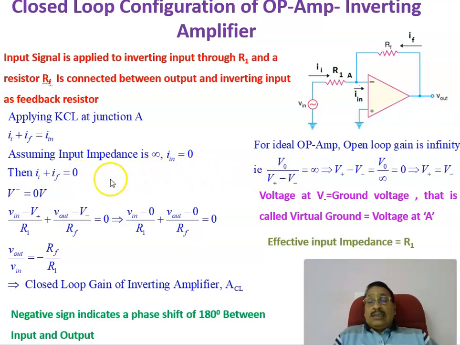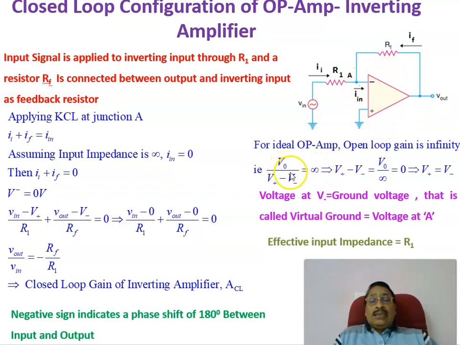And one more thing is that if you consider the ideal op amp, the open loop gain of an ideal op amp is infinity. Then open loop gain of this op amp is nothing but output voltage V0 divided by V plus minus V minus, that is equal to infinity.